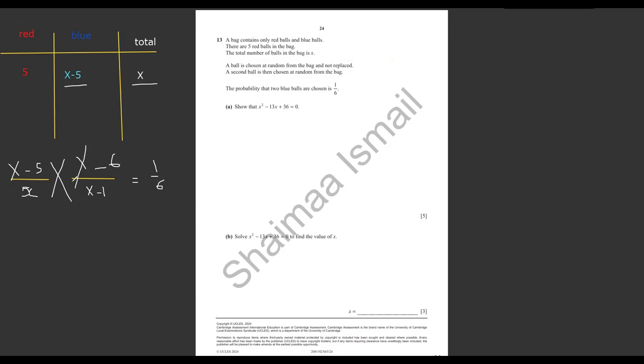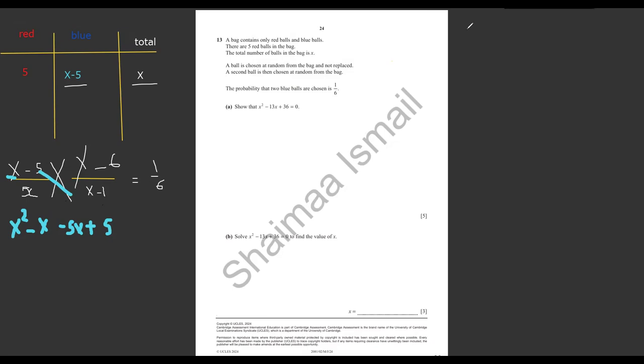So let's first of all merge this and make it like this. So here, zip zap zip. X minus 5 multiplied by X minus 1, which will be X squared minus X. The first X we multiply by, then negative 5 gives minus 5X, then plus 5.